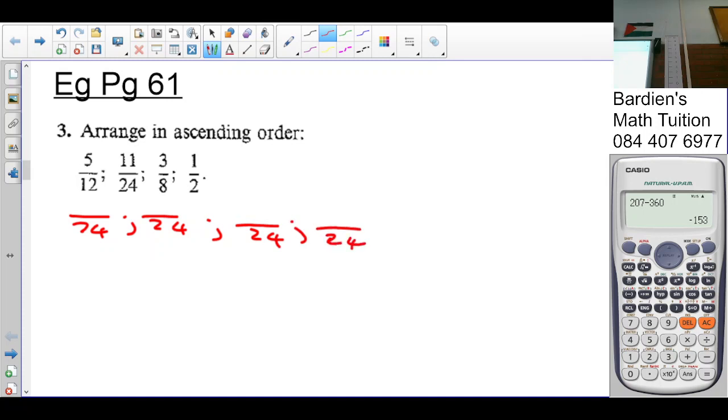Which makes 24 the LCM. So 12 times what is 24? 2. So we times 5 by 2, which is 10. 24 times what is 24? 1. 11 times 1 is 11. 8 times what is 24? 3. 3 times 3 is 9. 2 times what is 24? 12. 1 times 12 is?